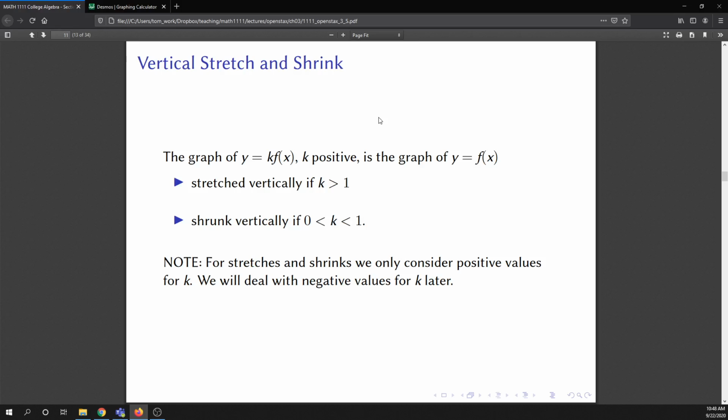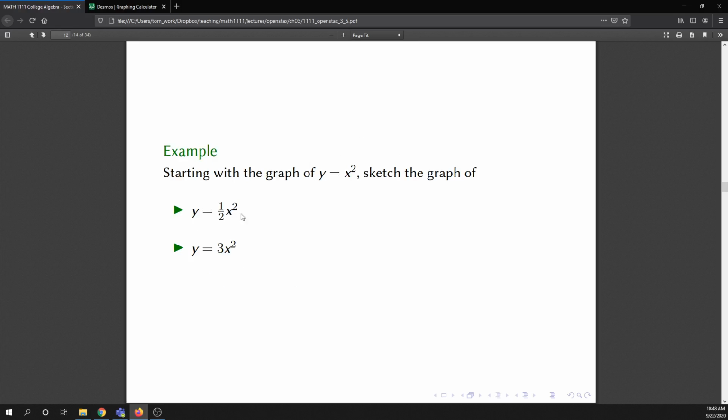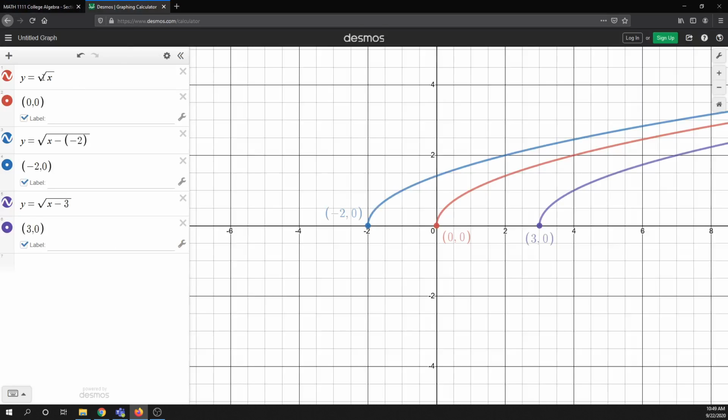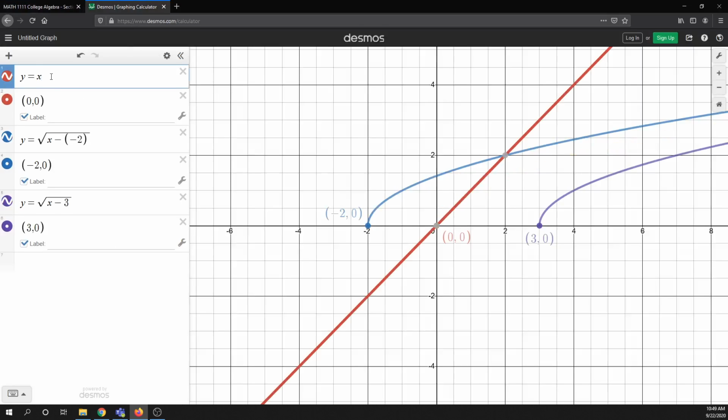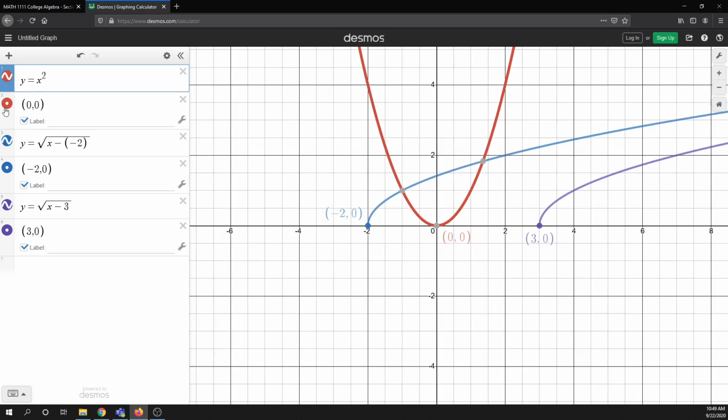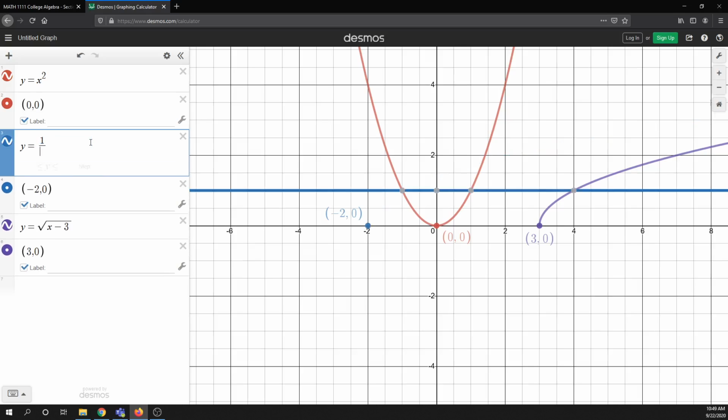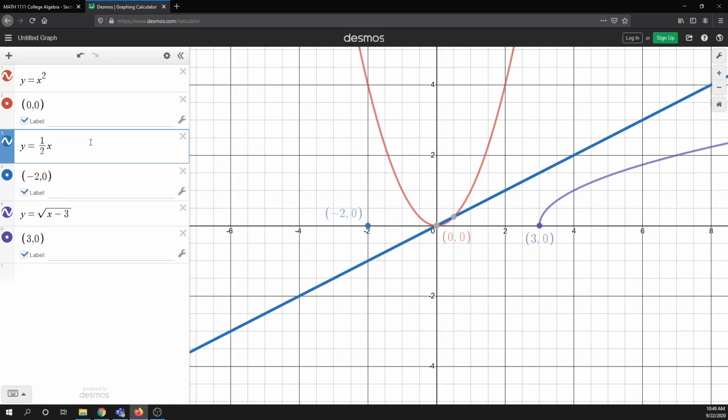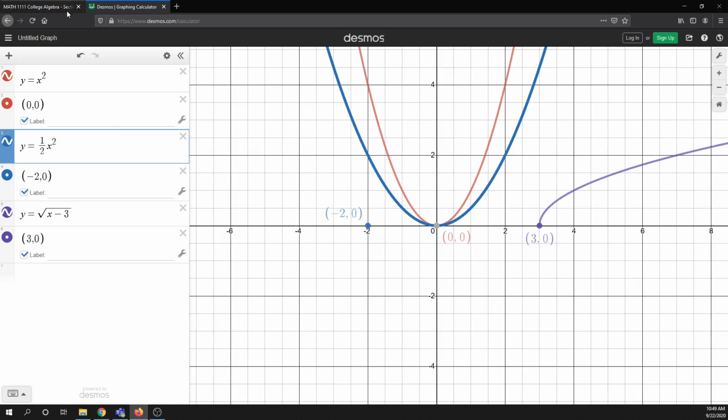All right, let's take a look at this example. We're going to do y equals 1/2 x squared. So we're back to x squared again. Let me turn these off until we're ready to take a look at it.